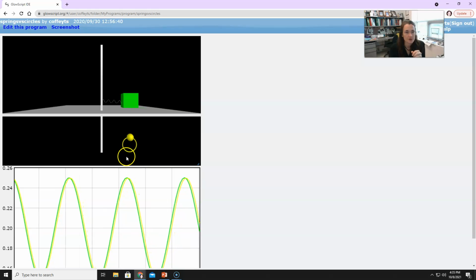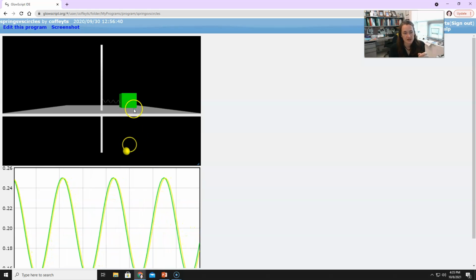Okay. Now, what's neat about this is that I've set the angular frequency of my mass on a spring equal to the angular velocity of my object that's going in the circle. And I've also set the amplitude of oscillation for the mass on the spring equal to the radius of my circle.